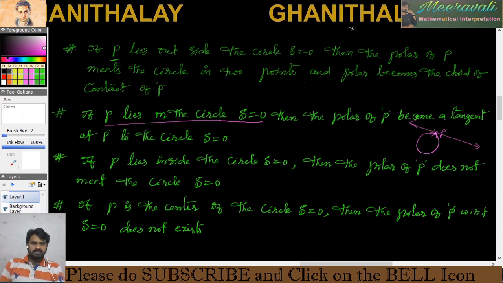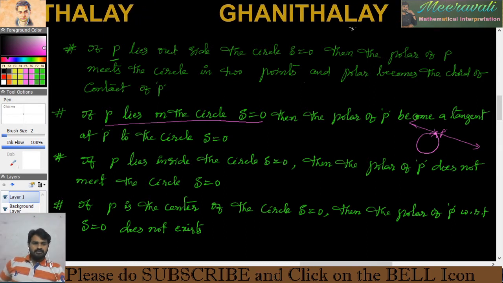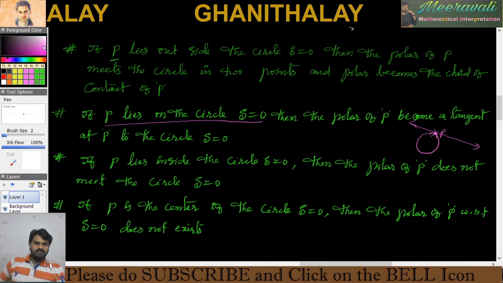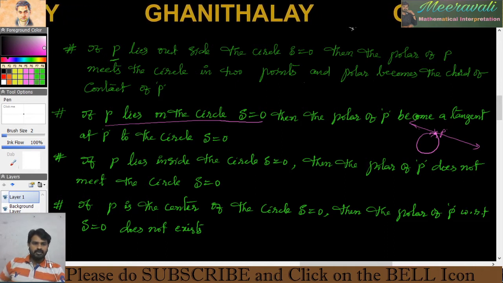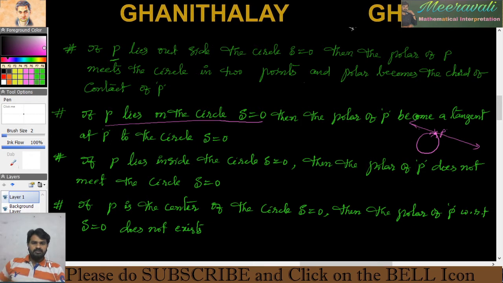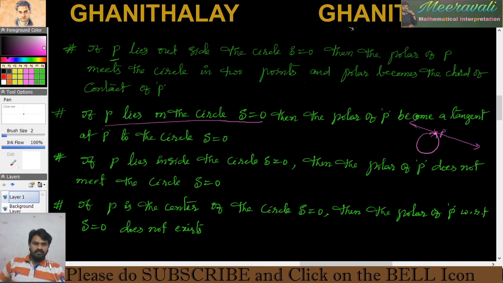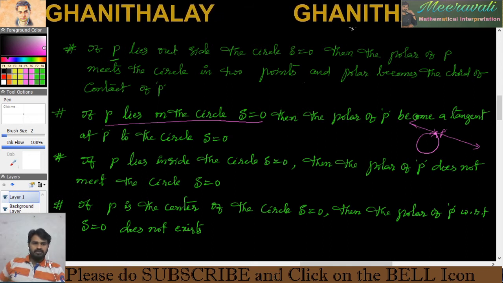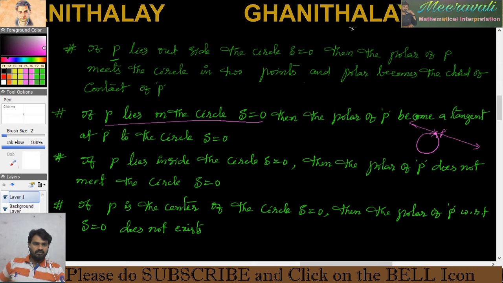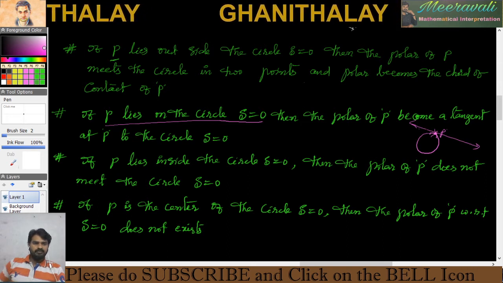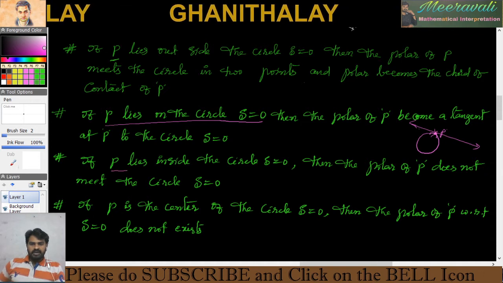So that means the polar changes with respect to the position of the point. If you take a point P outside of the circle, the polar will be the chord of contact of P. Now if you take P on the circle, the chord of contact becomes a tangent at the point.